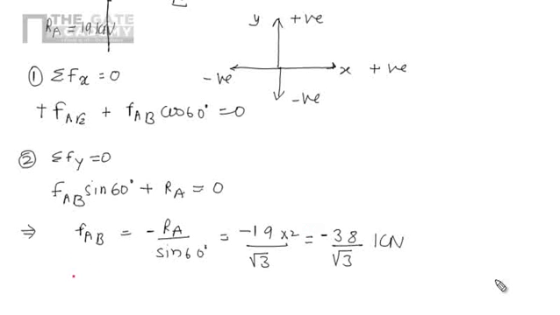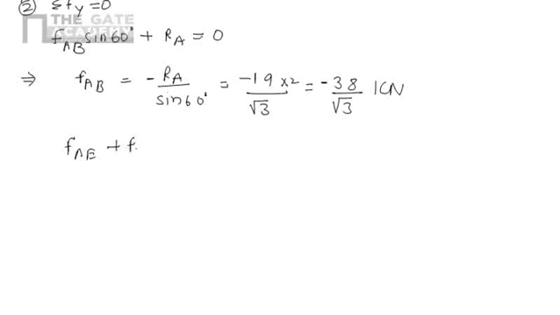So now we are having FAB, it is nothing but minus 38 by root 3. So now we can use this 38 by root 3 in our previous equation. Our previous equation is FAE plus FAB cos 60 degree equals 0. Here we are interested in FAE and we know the value of FAB, that is nothing but 38 by root 3, and cos 60 is nothing but 1 by 2.